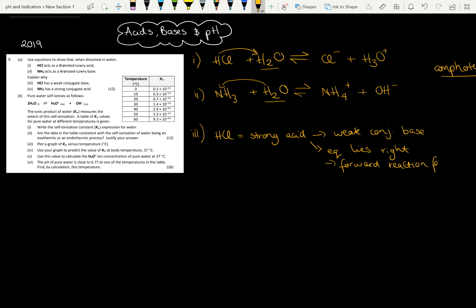Now, if the forward reaction is favoured, the reverse reaction, which is where the chloride is behaving like a conjugate base and it is accepting a hydrogen in order to go back into the HCl, is not favoured, and that makes the chloride ion a poor proton acceptor.